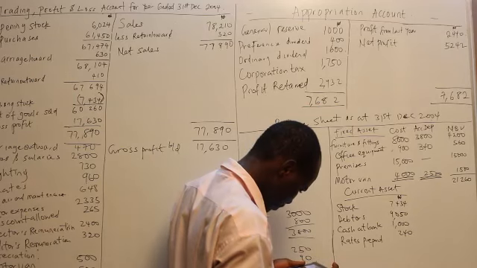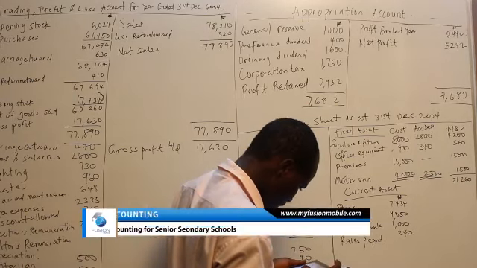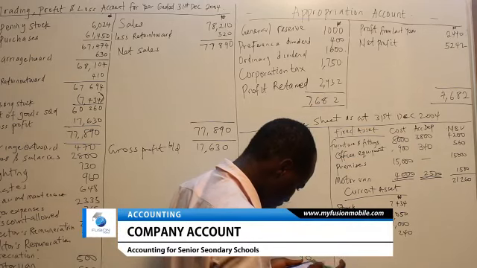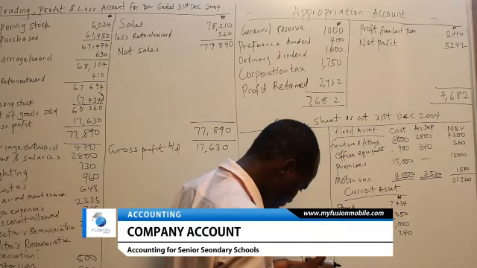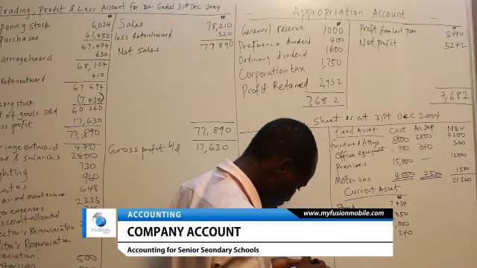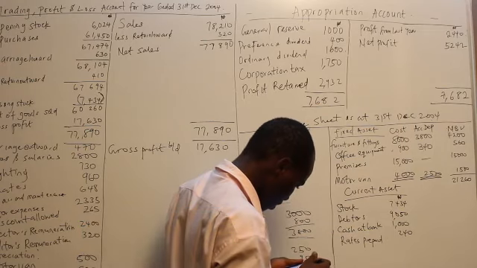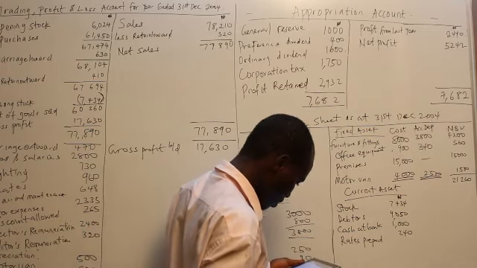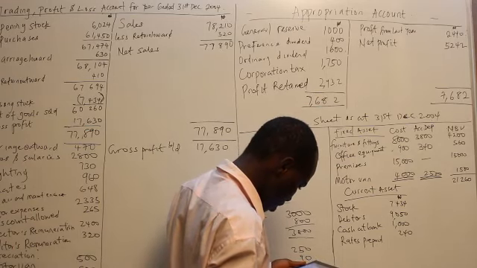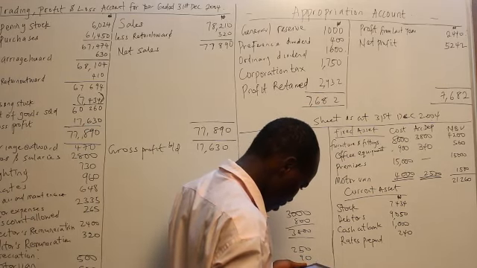What again do we have as our current assets? Debtors, cash at bank are there. I think that is all on our current assets.